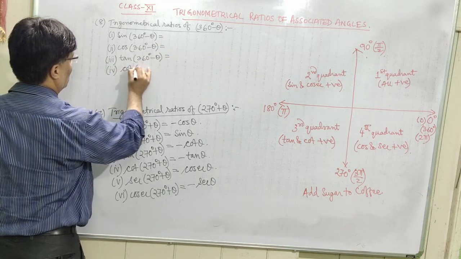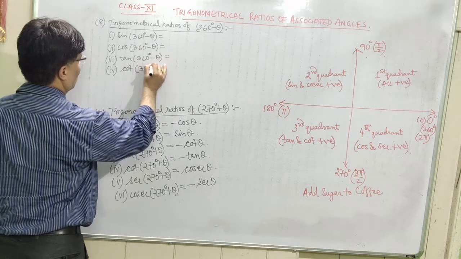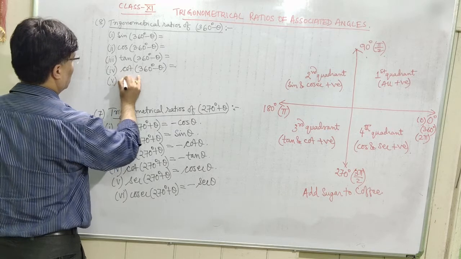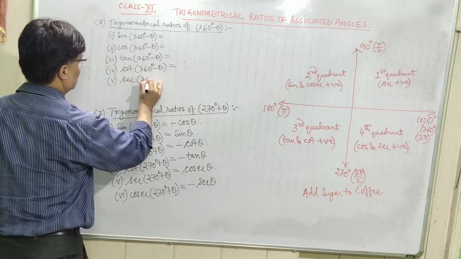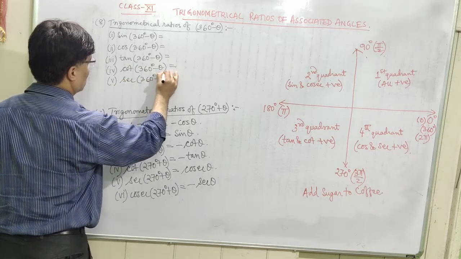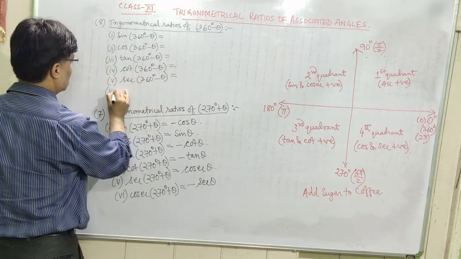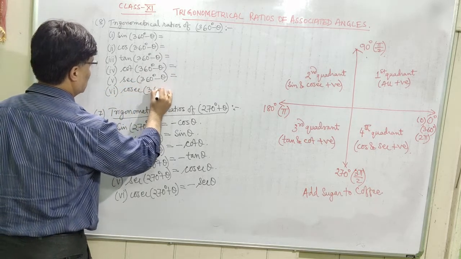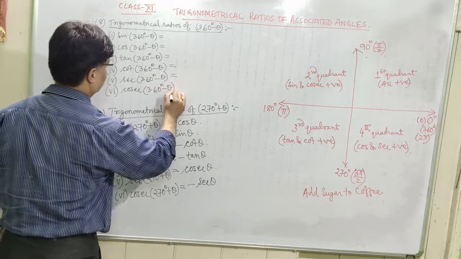Number 4, cot 360 minus theta. Number 5, sec 360 degree minus theta. And number 6, cosec 360 degree minus theta.